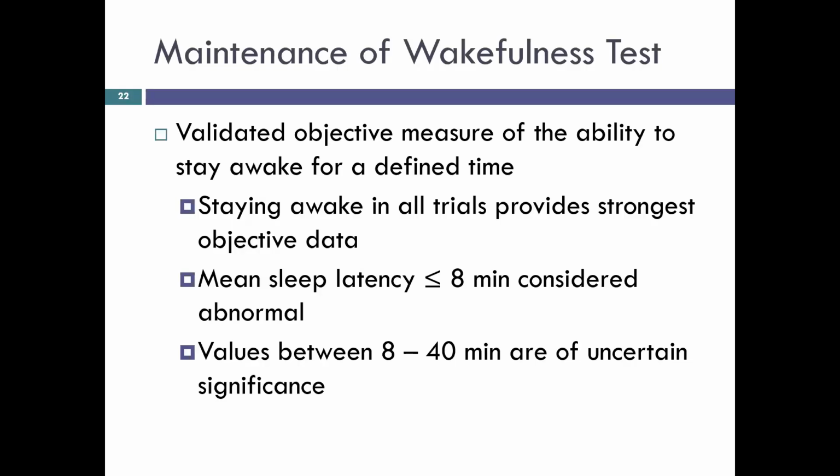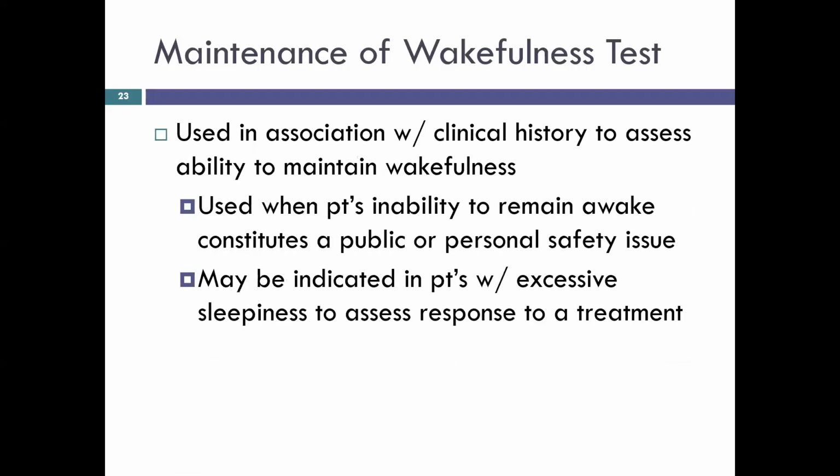That's the best data we can get. But if they can't stay awake and their mean sleep latency is less than 8, it's abnormal. And values between 8 and 40 are kind of uncertain. It's more of a case by case scenario of what the patient is getting tested for. So it's used in association with the patient's history.